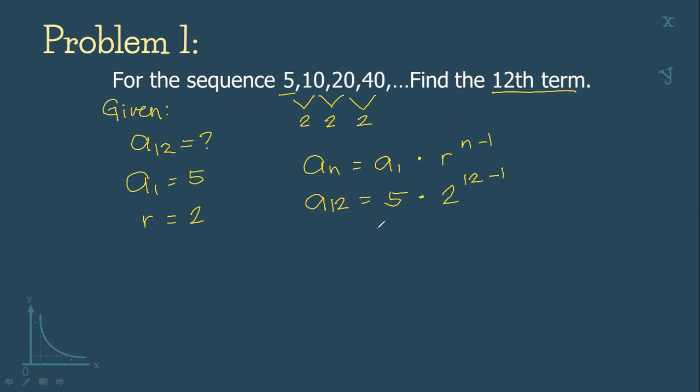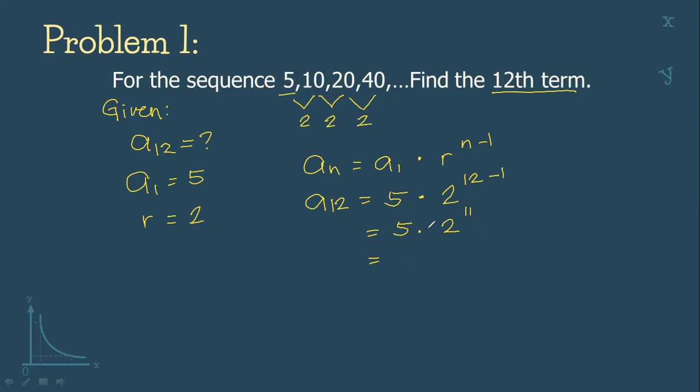So minus 1. Ibig sabihin po, ang uunahin natin yung exponent. So, that is equal to 5 multiplied by 2 raised to 12 minus 1, that is 11. So, meaning to say, ang uunahin po natin is si 2 raised to 11. And 2 raised to 11 is equal to 2048.